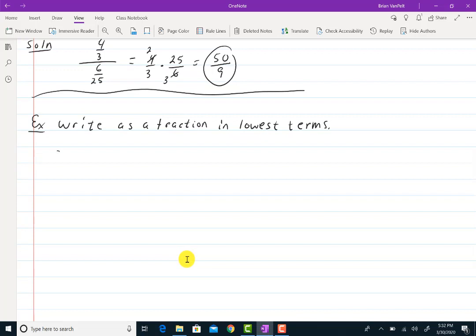We have 8 ounces to 12 ounces. So this converts to 8 oz divided by 12 oz. And as you might have guessed, I'm going to cancel the ounces out. So that leaves me with 8 over 12. Now, is that fraction in lowest terms? I hope you can see that it's not. I can cancel a 4 into the 8 and a 4 into the 12. And I end up with just 2/3.